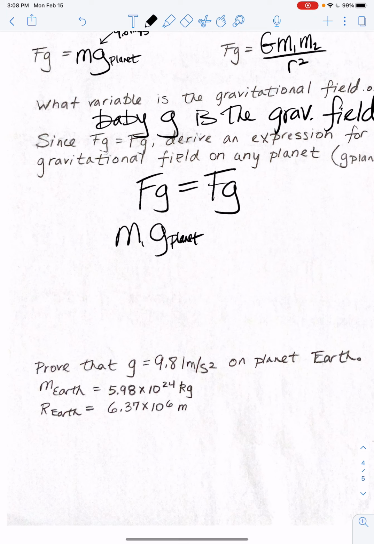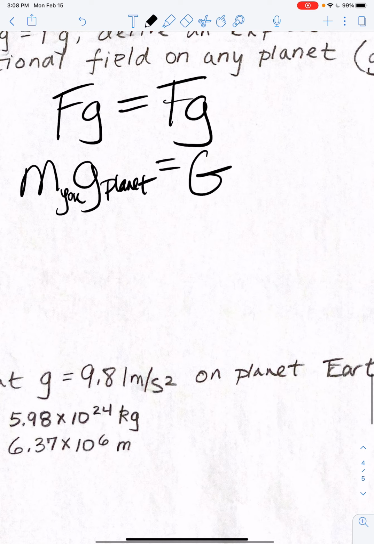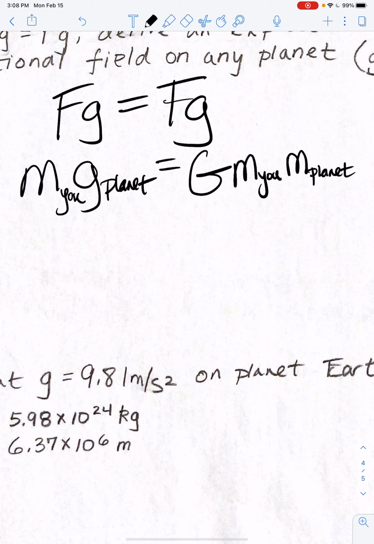I kind of like saying that this is the mass of U. And here we'll say g times the mass of U times the mass of the planet, because maybe you're not on Earth, maybe you're on a different planet, and you want to know what this g planet is. And divided by r, which is just the distance from the center of U to the center of the planet. So this is the radius of the planet.